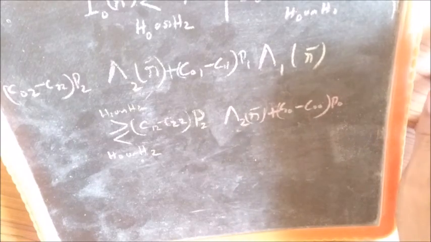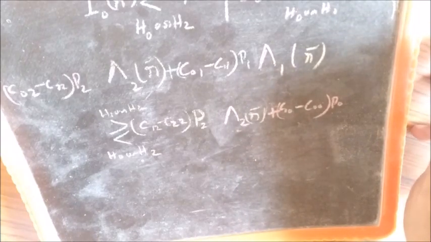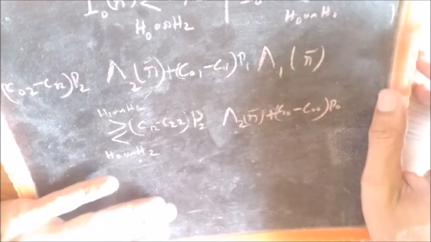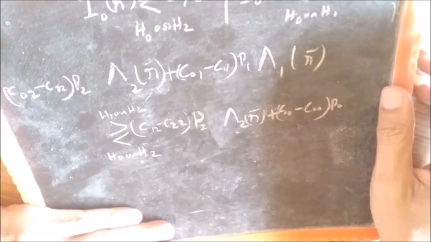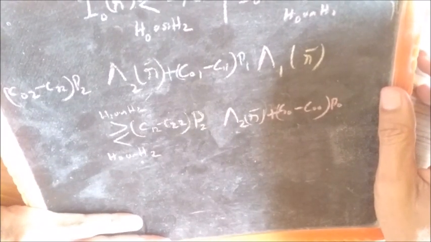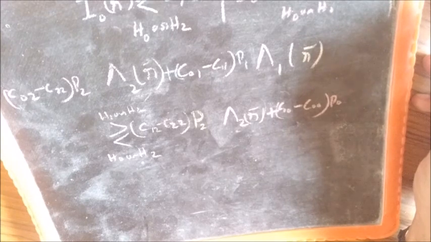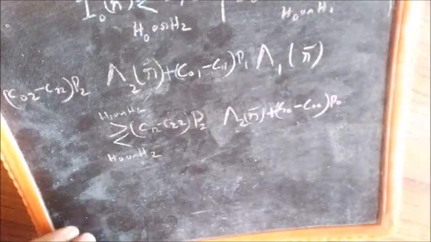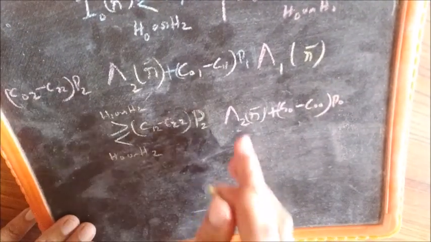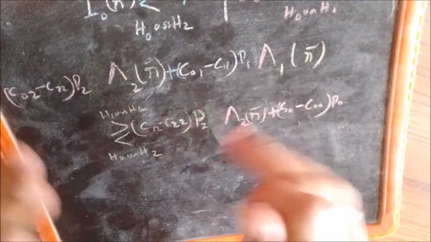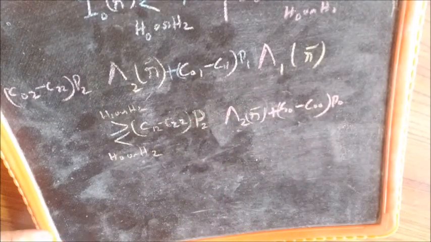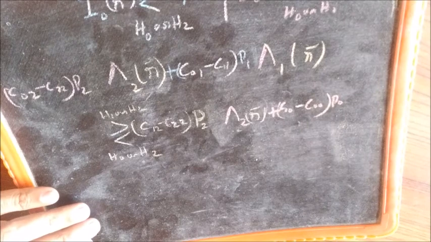Now you can bring the lambda 1 terms on one side and lambda 2 terms on the other side, and write this as a simple comparison of two likelihood ratios. I will skip those steps because it's just combining certain terms and taking certain terms to the other side.